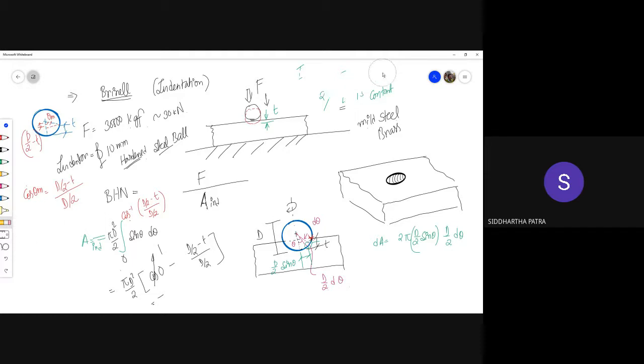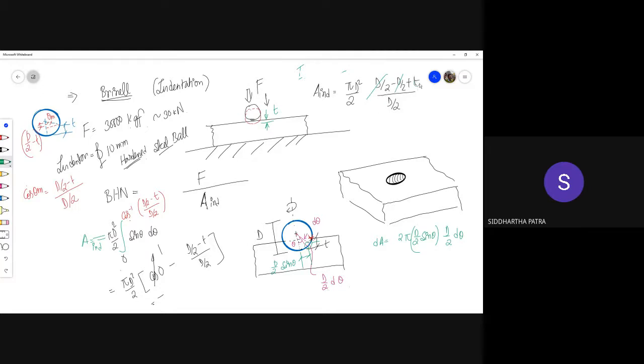So in the end, I have this area of indentation, A, is pi d squared divided by 2 times d by 2 minus d by 2 plus t divided by d by 2. So these two cancel out.